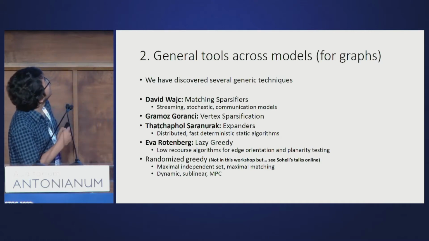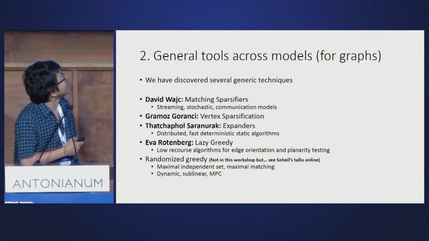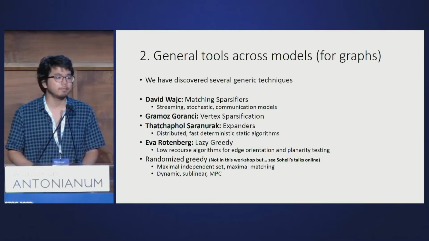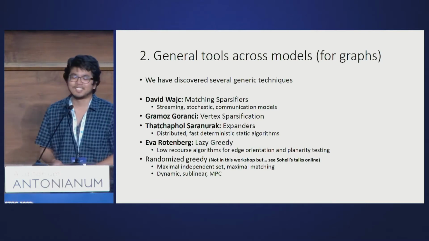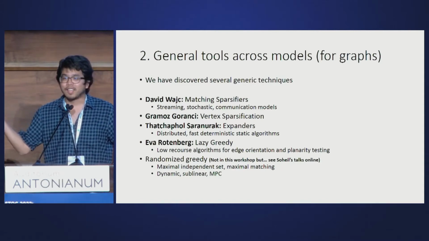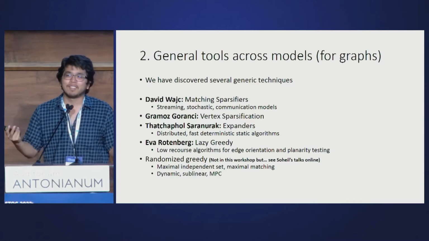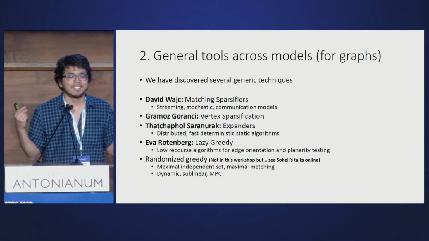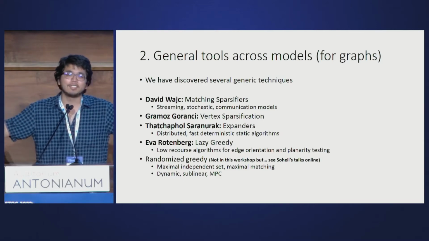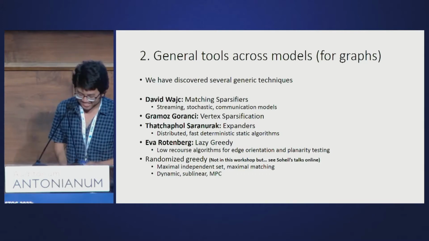So the first thing is David Wajc is going to talk about something called matching sparsifiers. The idea is that if you have a graph which might be dense, can you find a subgraph, a small graph, that still preserves the matching size of the big, dense graph?